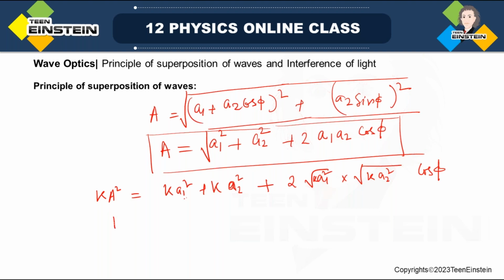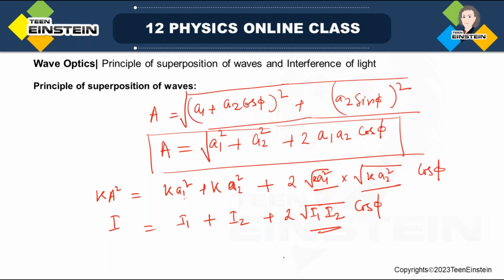This I can write as I1, this I can write as I2, plus this part is root over I1, and this term is root over I2, inside the square. So this is the total amplitude.